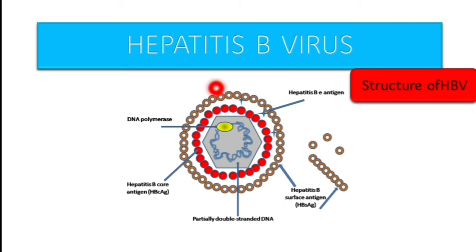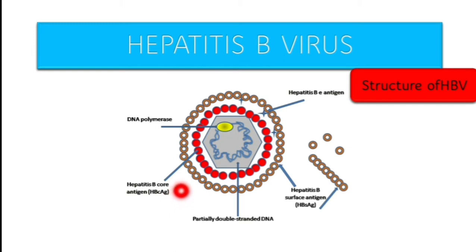Okay, from outside, the outermost layer is the hepatitis B surface antigen, right? Then inside here you can see this red layer, which is the hepatitis B core antigen, labeled here.